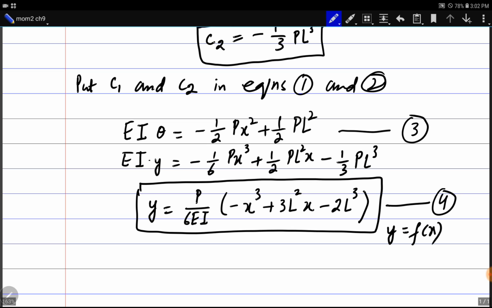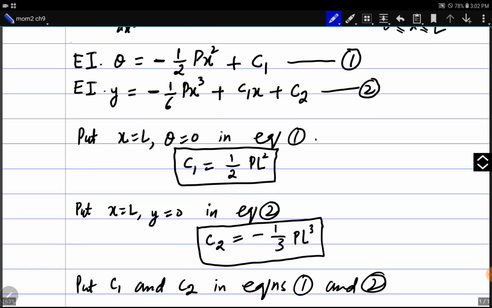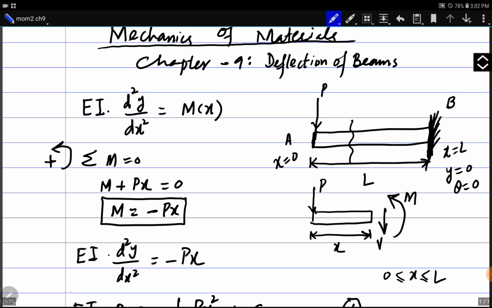This was required in the first part of the problem, to determine the equation of elastic curve, which is y as a function of x. Then we were asked to find y at point A and theta at point A. At point A, x is 0.